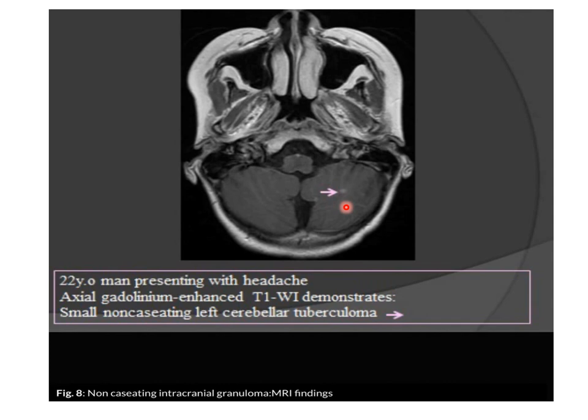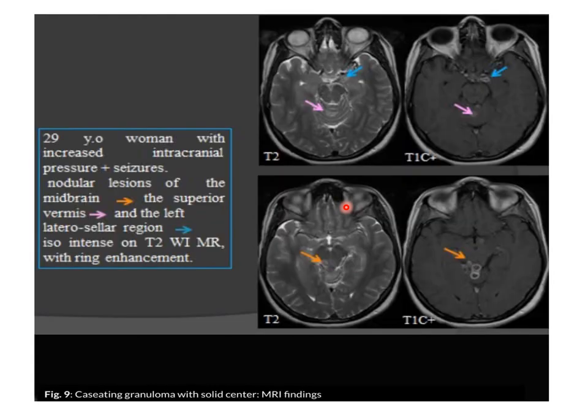The second type is caseating, but with a solid center. You see it is hypo- or isointense in T2, and when we give contrast, we will see ring enhancement.